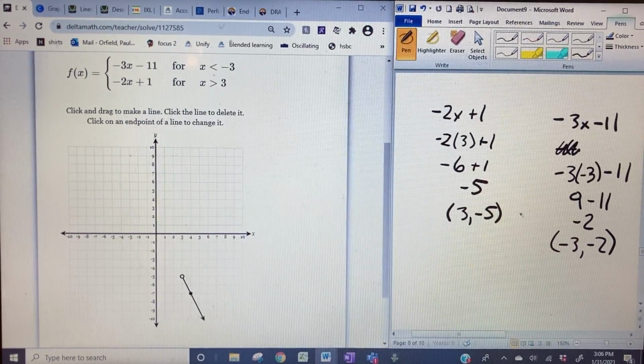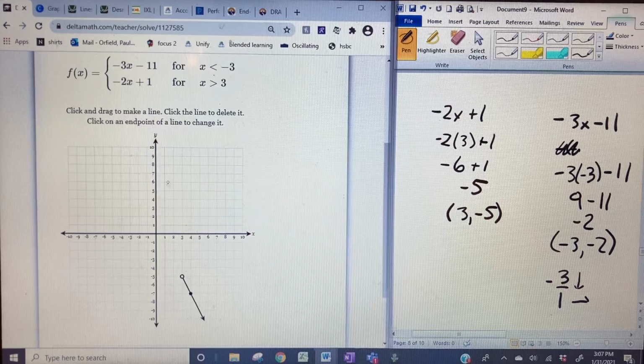Now my slope in this case is the number in front of x, so my slope is negative 3 over 1, which generally means that from left to right I would go down 3 and right 1. But because we're graphing everything smaller, x is smaller than negative 3, we're going to be going backwards.